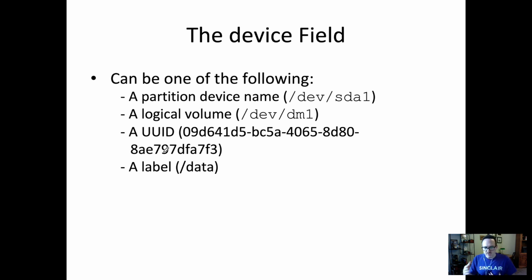So we have a set of fields, pretty straightforward. The first field, and we'll see this in the demo, is our device name. Now the device could be an actual device name like /dev/sda1. We can have a logical volume identifier, a UUID, which is basically a unique identifier, or a label.